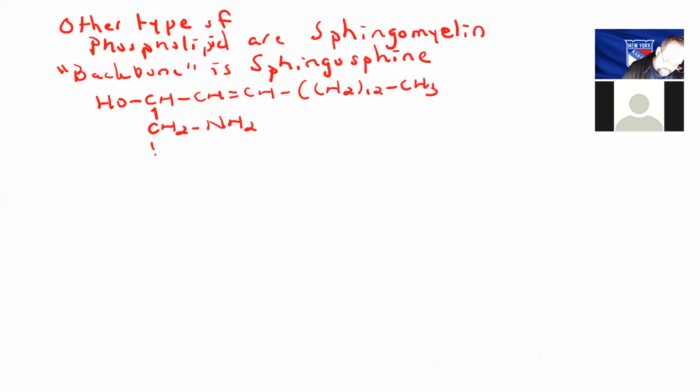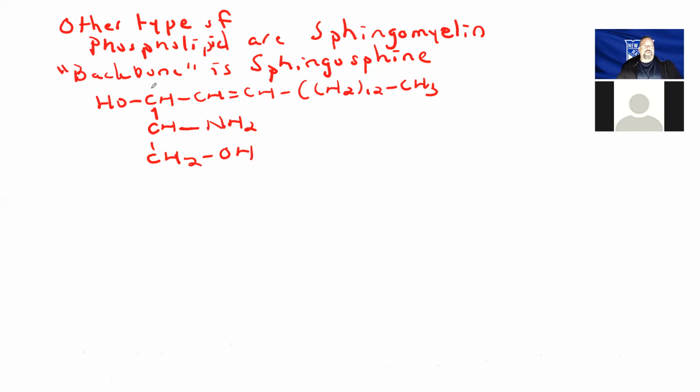CH2NH2, and then CH2, sorry, too many hydrogens on the middle carbon. And CH2OH. So instead of having glycerol as the backbone of the structure, you have sphingosine as the backbone of the structure.